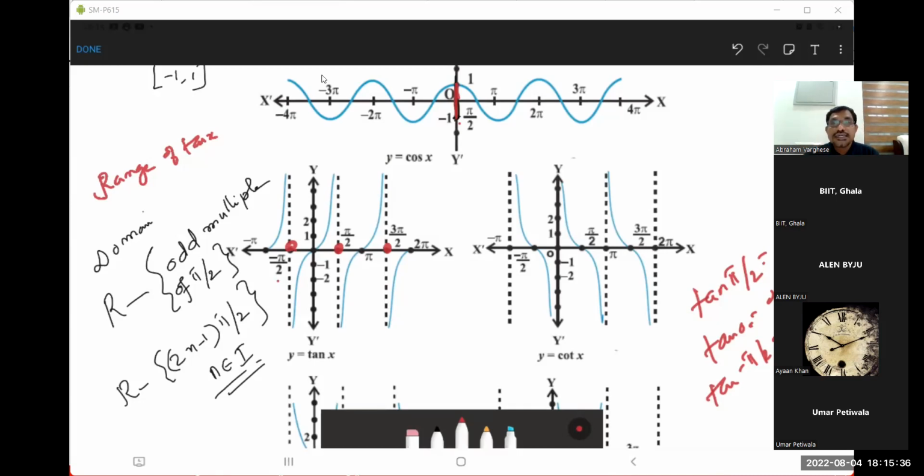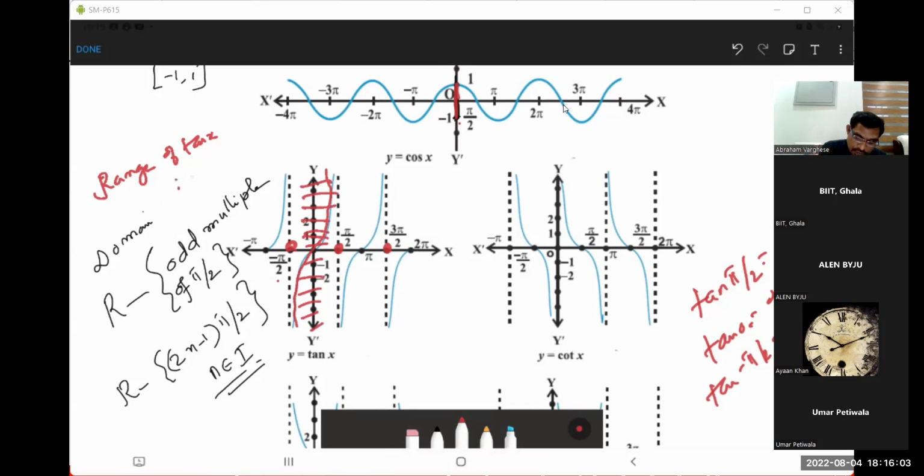Okay, some answer is there. Yeah, that's correct. When you look at this graph and y-axis, what will happen? It will cover the entire y-axis. So all real numbers, or entire y-axis means minus infinity to plus infinity.